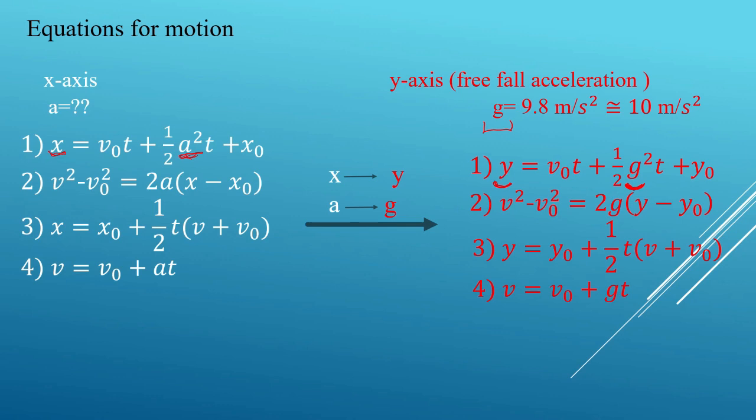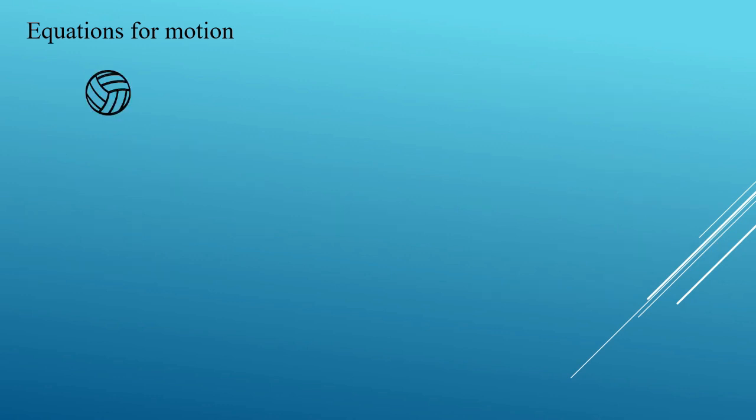Okay, now let's look at a more complicated example. Imagine I have a ball and I'm going to toss it this way. Can I tell this is only in the y-axis or only in the x-axis? Why? Because if you look at the motion of this ball, you're going to see it moving in the x direction and also the y direction.